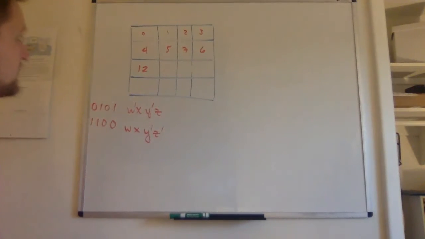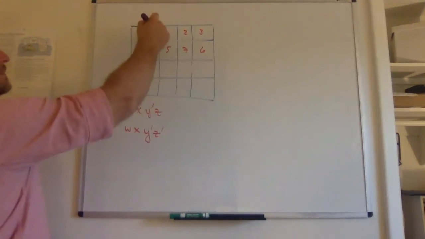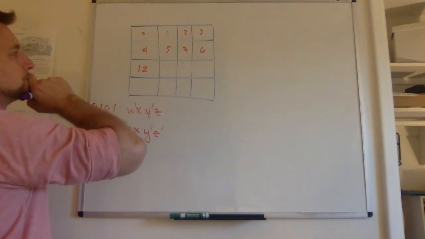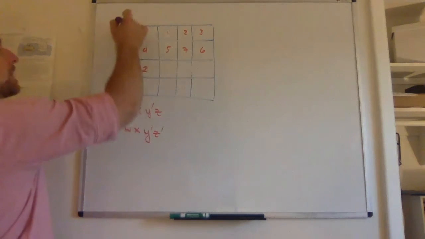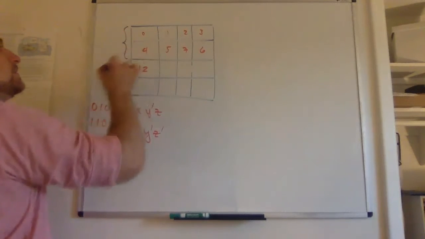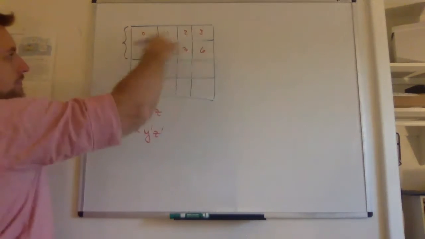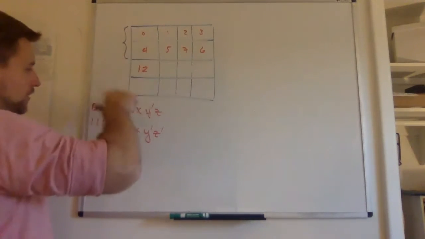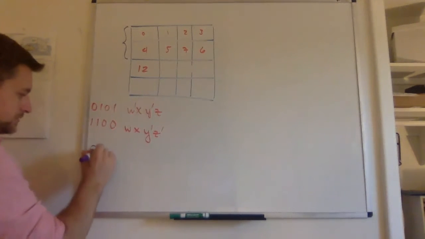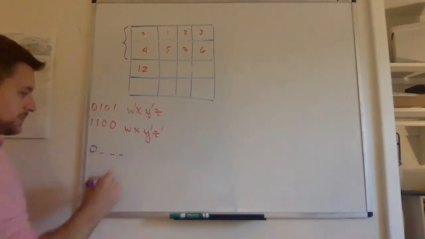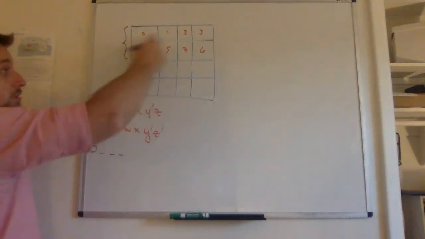These grids, now these two rows all start with a 0 and then 3 bits. So we only go up to 7.